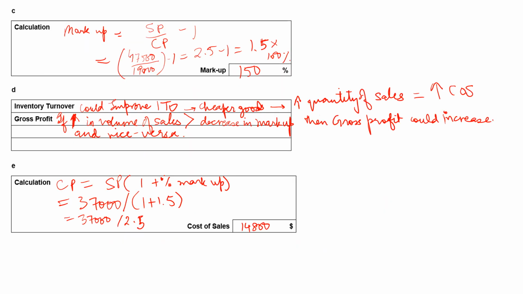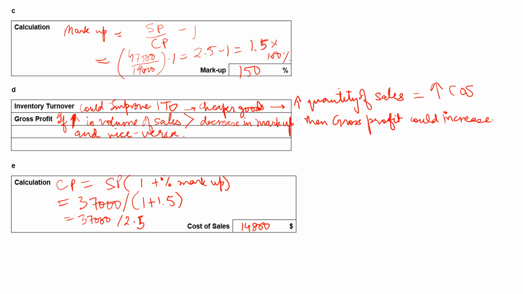Now with part C, we're talking about the percentage markup that Mario has applied to his inventory. The formula for that is written right here on the screen: selling price divided by cost price, minus 1.